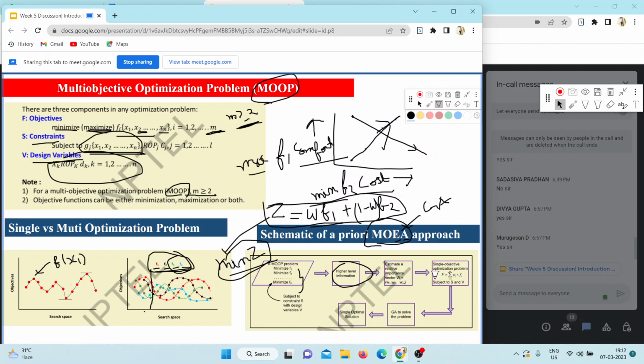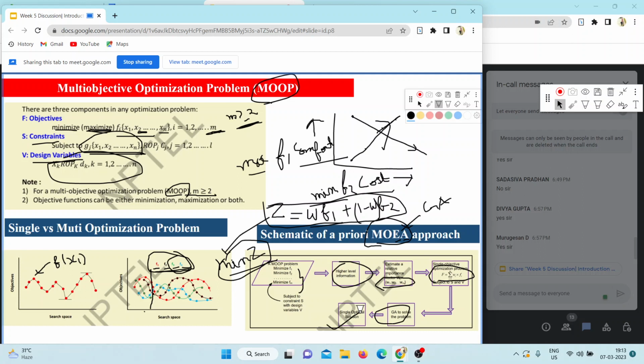Here you can see, we are putting w1, w2, w3, wn to all these objective functions, and we are converting all these objective functions to a single objective function, that is capital F over here. And when you are converting it to a single optimization problem, you use your GA to have an optimal solution.